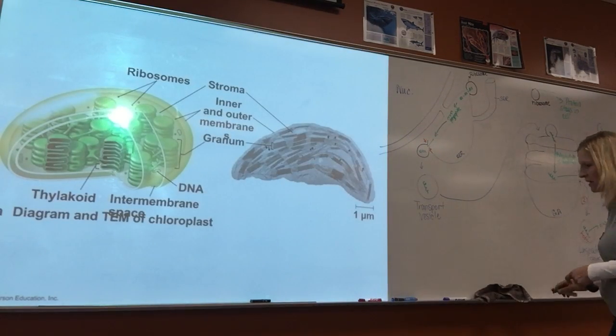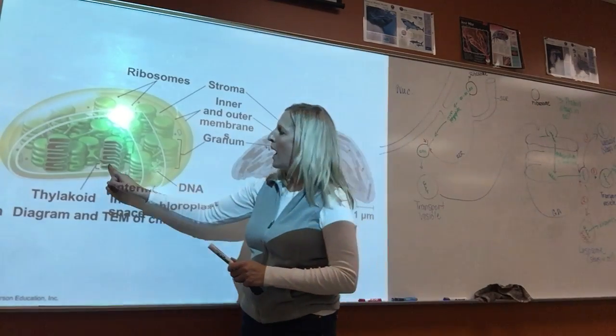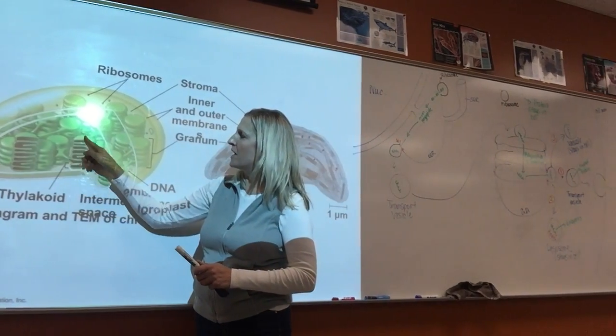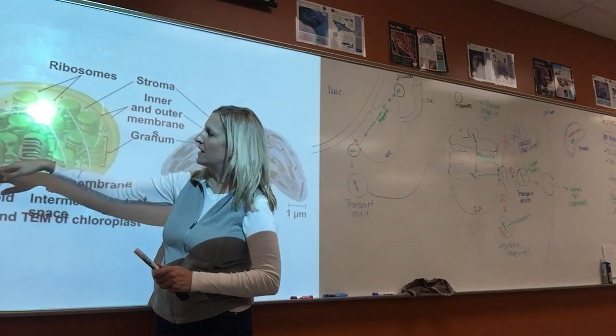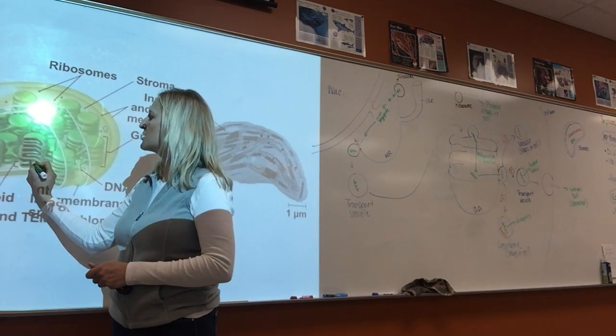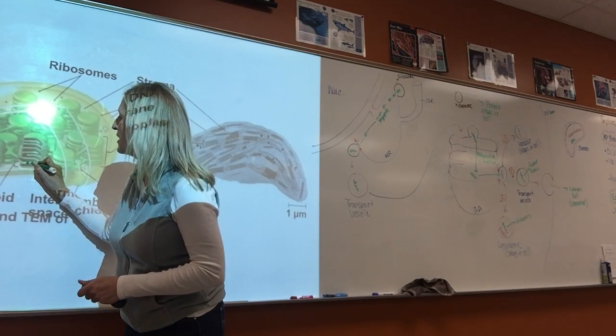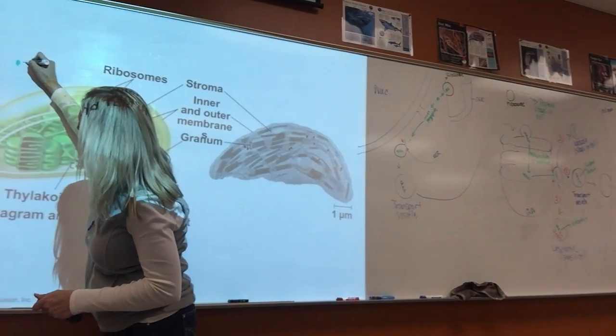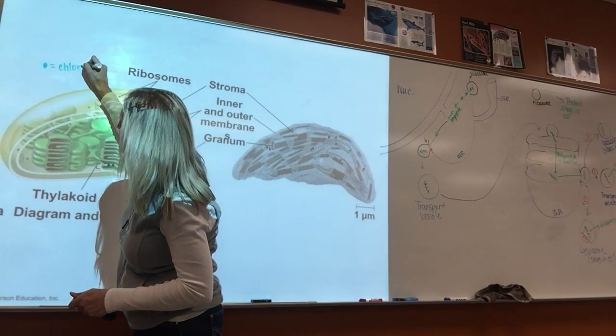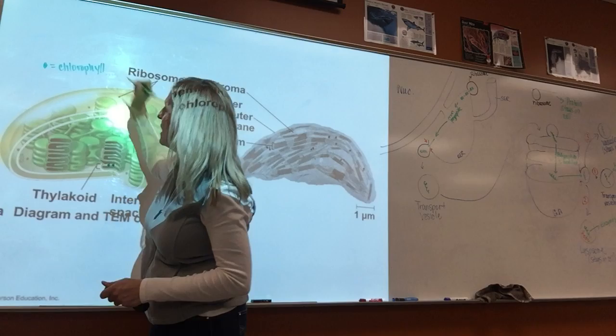So what I'm going to draw in here is why this membrane and why there's so many of them. You can see here all these stacks of these thylakoids is because within there, I'm going to draw here in green. So my little green dot here is a chlorophyll molecule. It's a pigment that captures light energy.